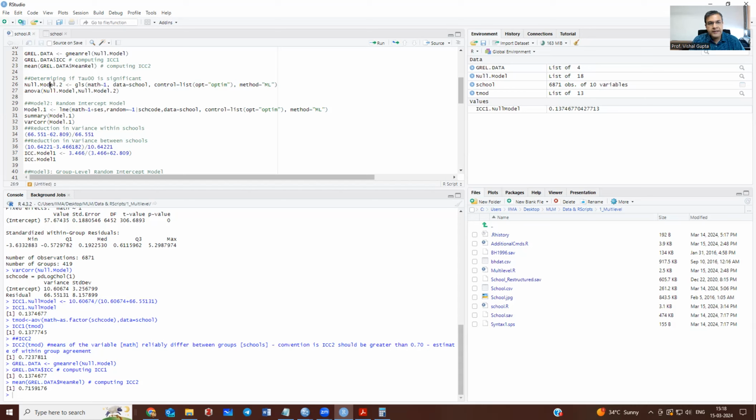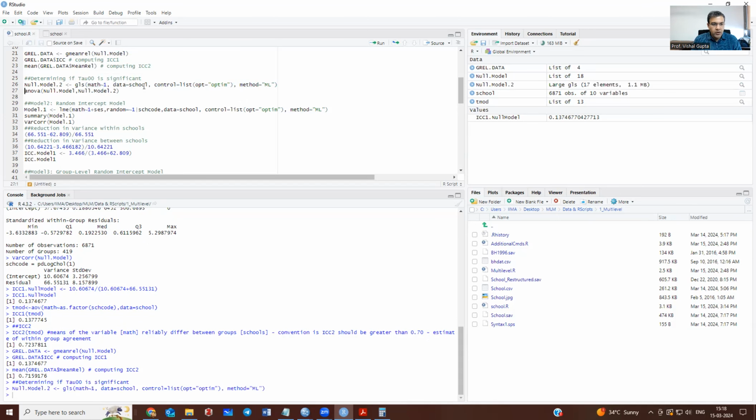Now, the next thing that I had done was I showed you if we don't do multi-level modeling and we just do single level modeling and I regress math on one. Okay. So again, you see, I have added method is equal to ML. I have added this everywhere now so that our comparisons become realistic and meaningful.